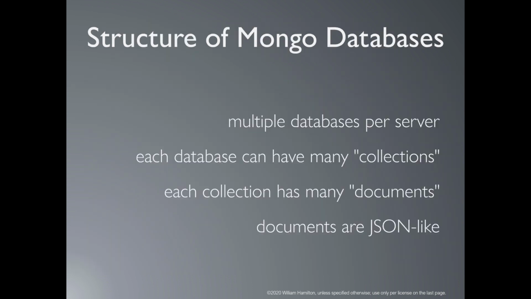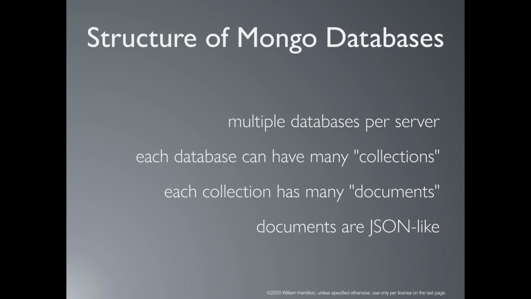All right, so just to give you a quick overview of what a Mongo database server looks like. Generally, Mongo runs on a server, which can have multiple databases contained within that server. Each of those databases can have many collections, which are just collections of documents, of entries.